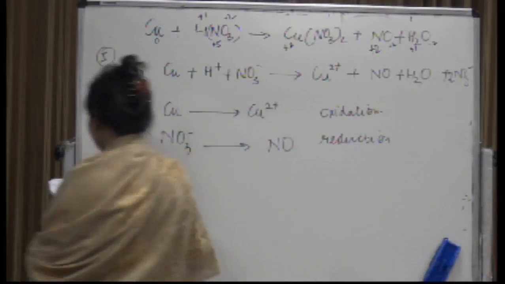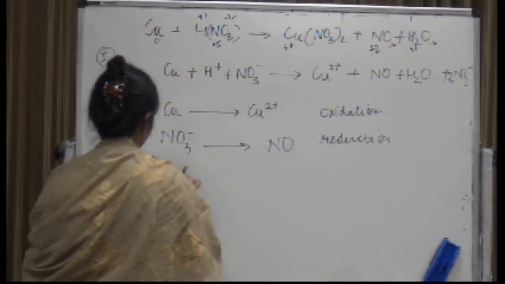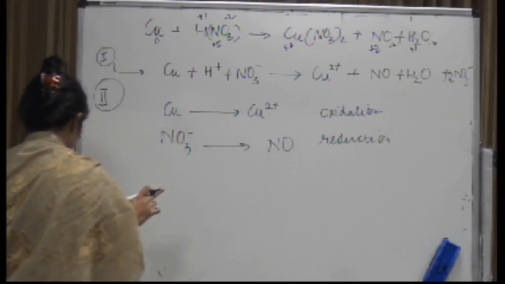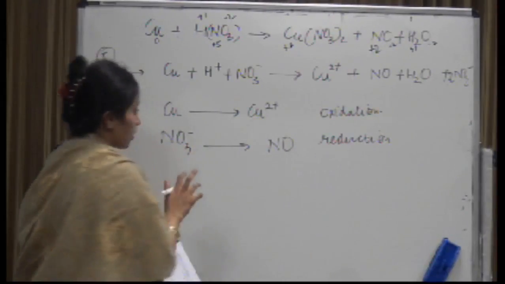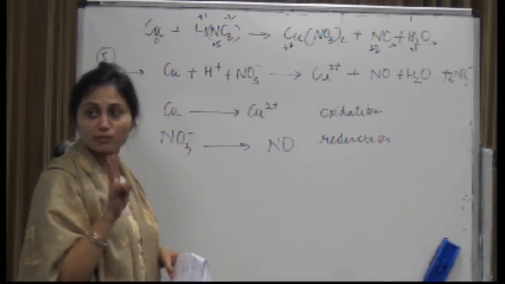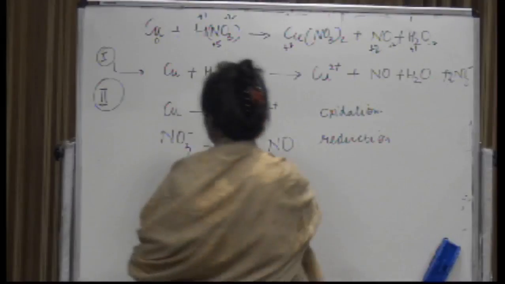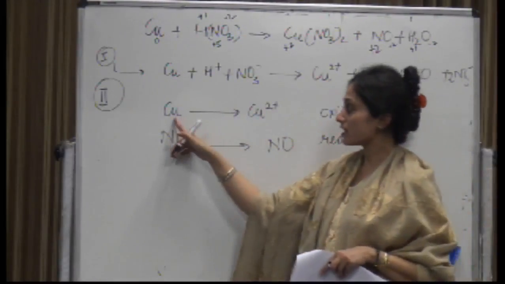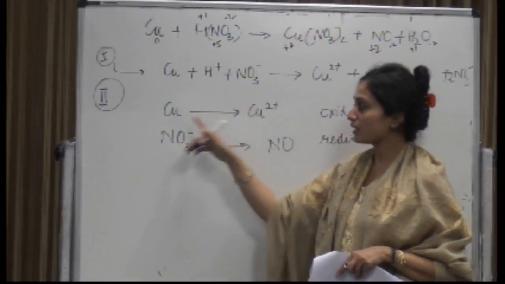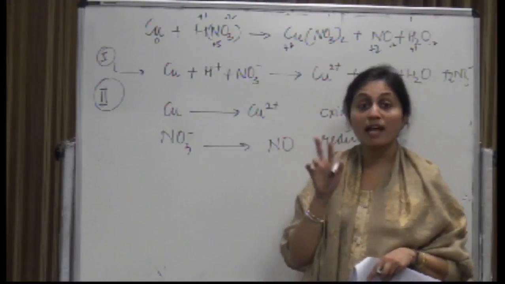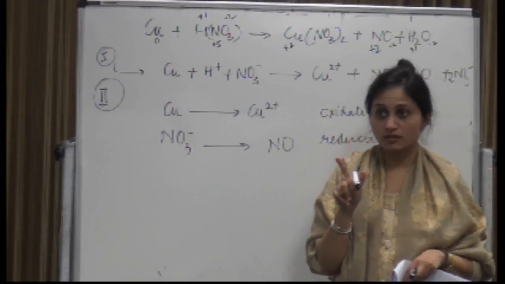Now balance the atoms of each half reaction by using simple multiples, and make sure that, no need to take care of oxygen, make sure that the other elements are balanced. Like for example, इस केस में तो ज़रूरत ही नहीं थी, by chance the example that I had taken, Cu is 1, Cu is 1. Had it been Cu2 here, I would have put a 2 here, क्योंकि I am balancing the atoms not the charges. ठीक है?